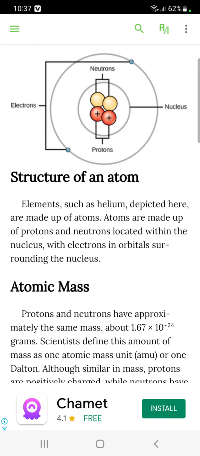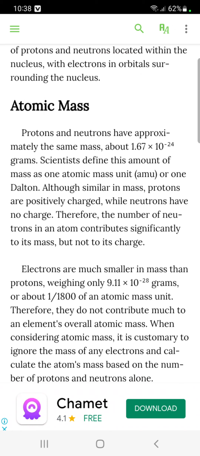Structure of an atom. Elements, such as helium depicted here, are made up of atoms. Atoms are made up of protons and neutrons located within the nucleus, with electrons in orbitals surrounding the nucleus.